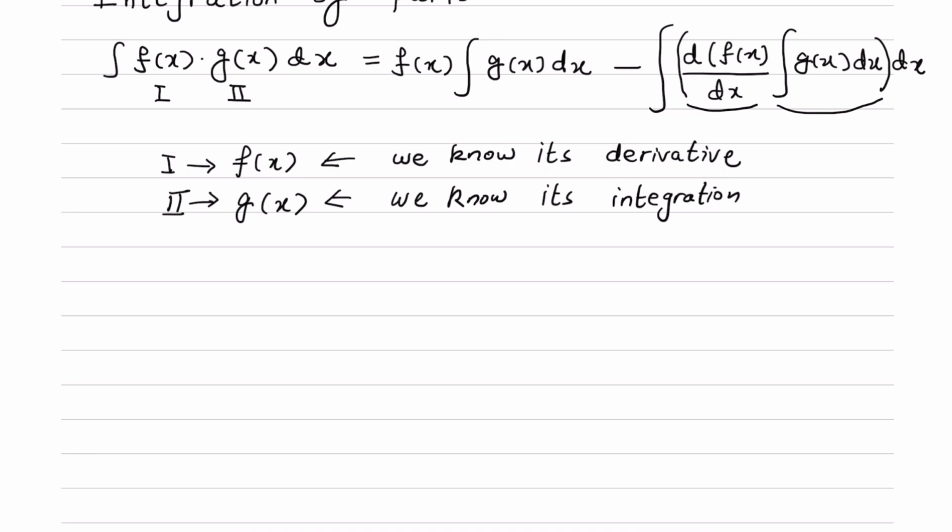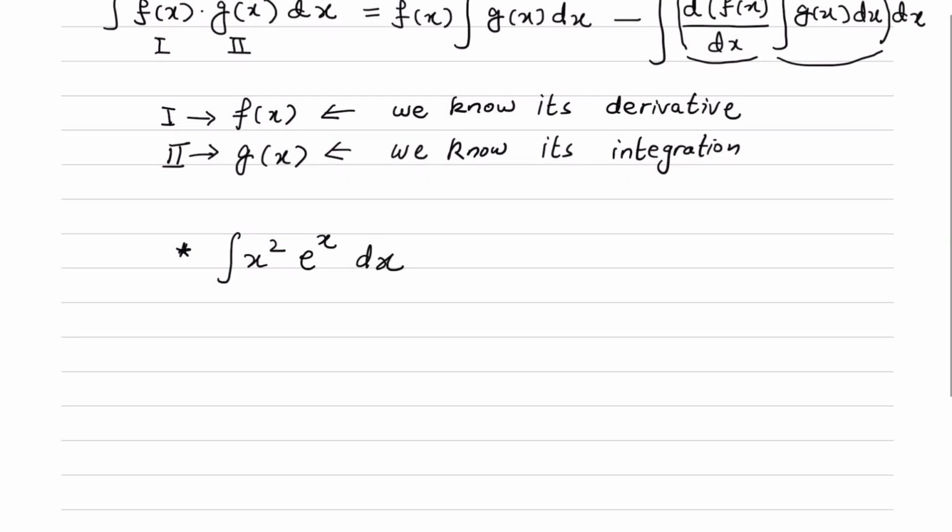Let's say we have to solve the integral x square e power x dx. Now we can see that two functions are being multiplied and we can find the integral by integration by parts. Now we will have to call one of these functions the first function and the other one the second function.